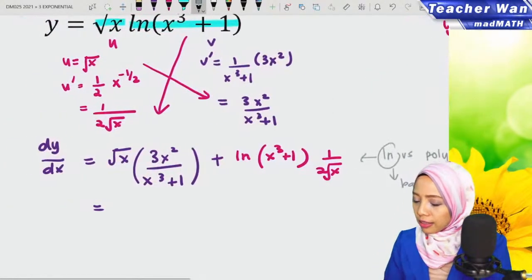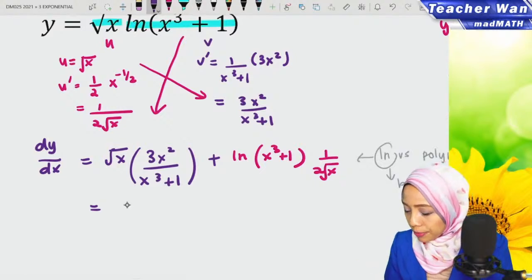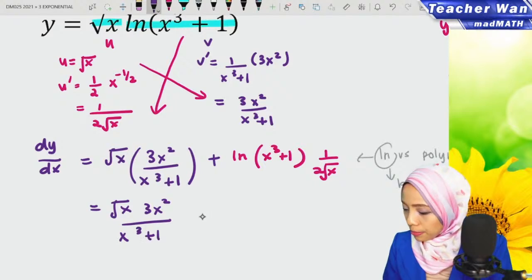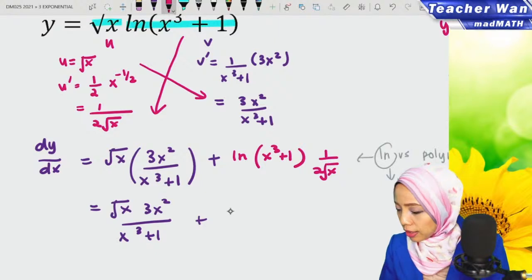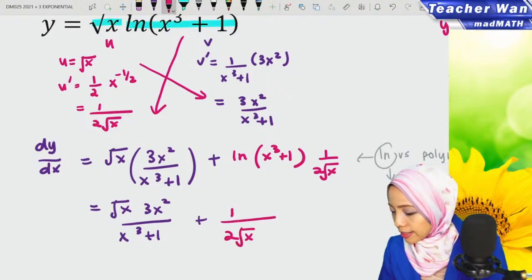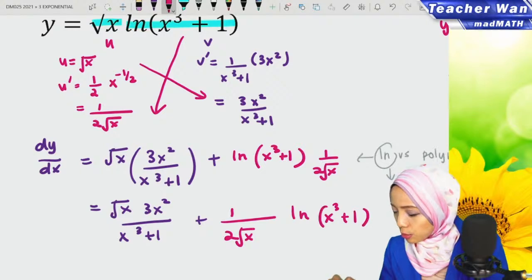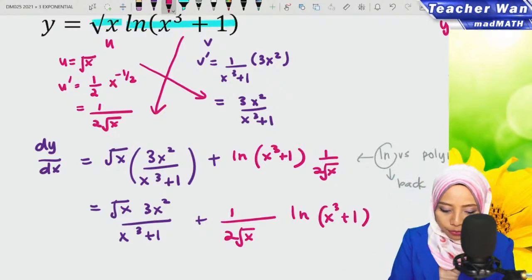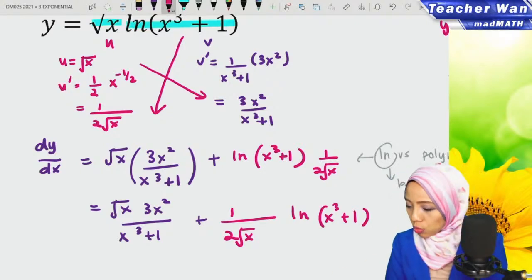So now 3x squared over x cubed plus 1, plus 1 over 2 square root of x, ln of x cubed plus 1.